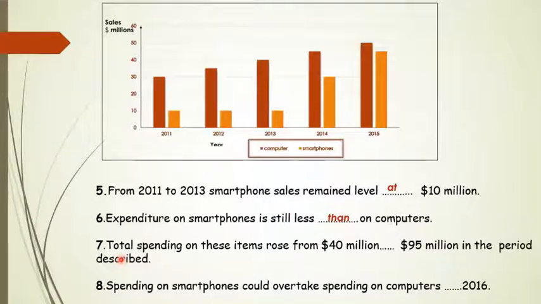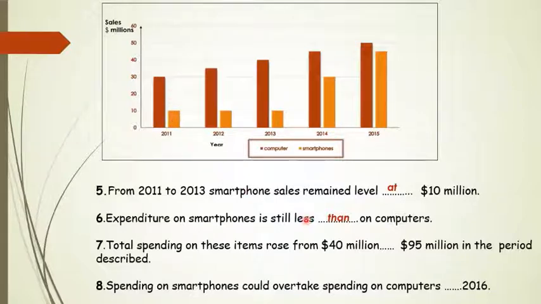Number 7, total spending on these items rose from $40 million to 95 million in the period. Now, what is the period here? 2011 to 2015. So, in 2011, the total spending, see, for computers it is 30 million and smartphones 10 million. So together it is 40 million.